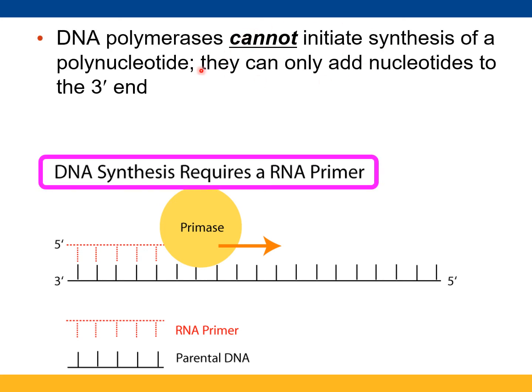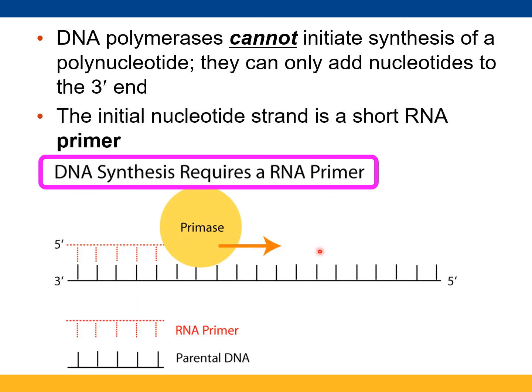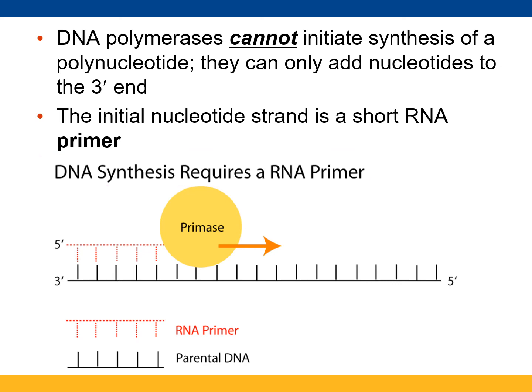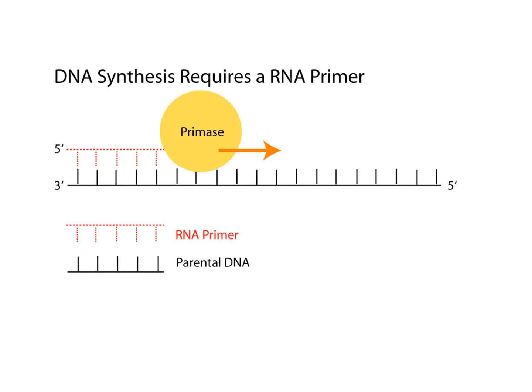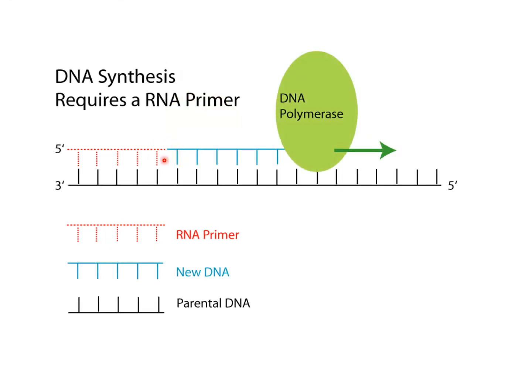Because it cannot initiate synthesis, a DNA polymerase cannot initiate synthesis of a polynucleotide. They can only add onto a 3' end, so they create a little primer there on which to begin synthesizing the other strand of DNA. So there's that primer. Once the primer is maybe 8 or 10 nucleotides, the DNA polymerase comes in, binds, and then starts synthesizing DNA.